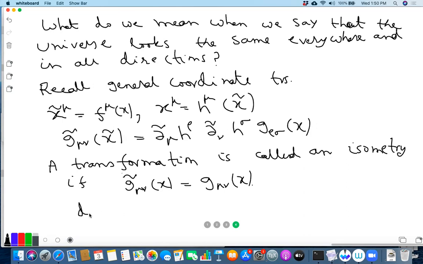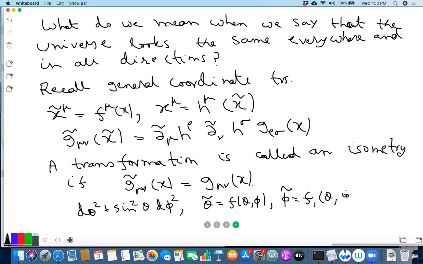So for example, if you start with a metric like d theta squared plus sine squared theta d phi squared, then if you make an appropriate transformation, say theta tilde, some function of theta and phi, and phi tilde, some other function, say f1 of theta phi, then the metric in this new coordinate system, the old metric in this new coordinate system should look the same, namely d theta tilde squared plus sine squared theta tilde d phi tilde squared.